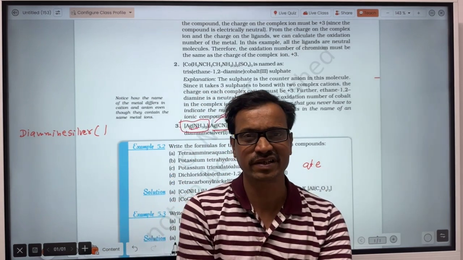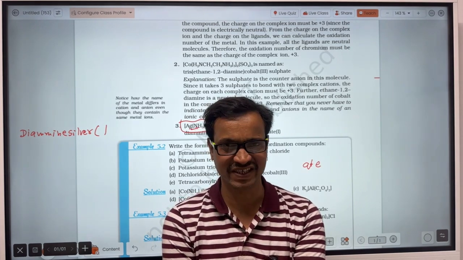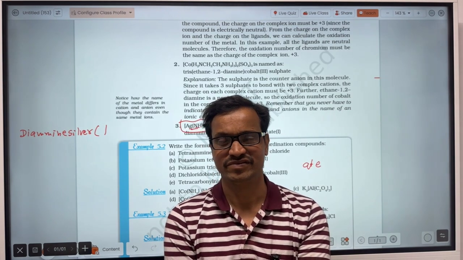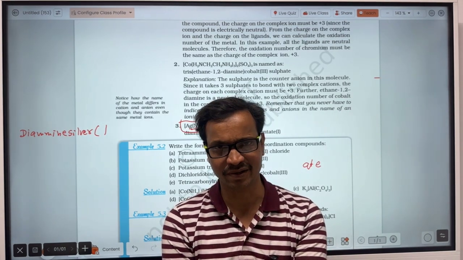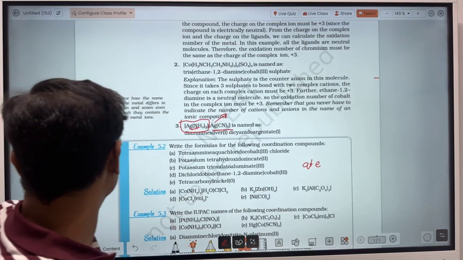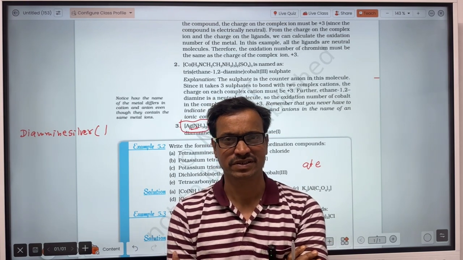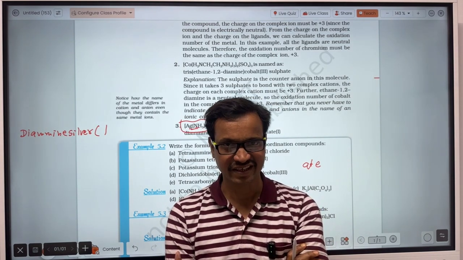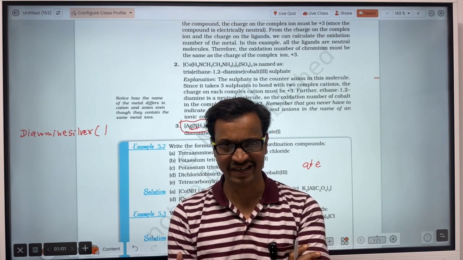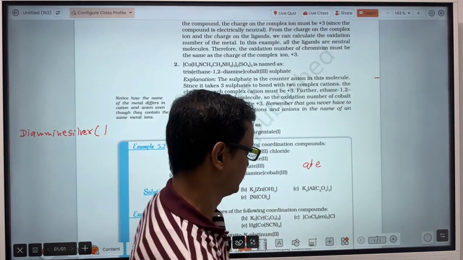For a metal whose English name and Latin name are different, if that metal is part of a cation, we use the English name, as I have used silver. And if that metal is part of an anion, then we use the Latin word and the suffix "ate".